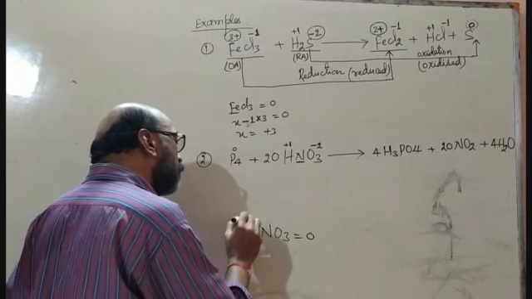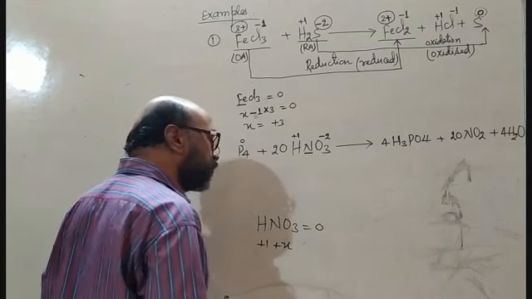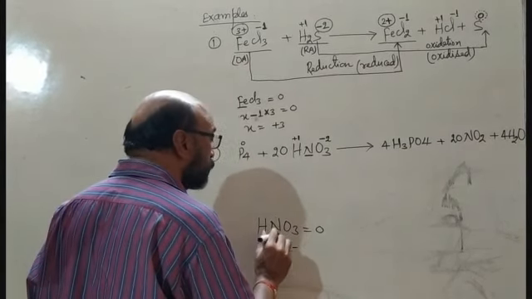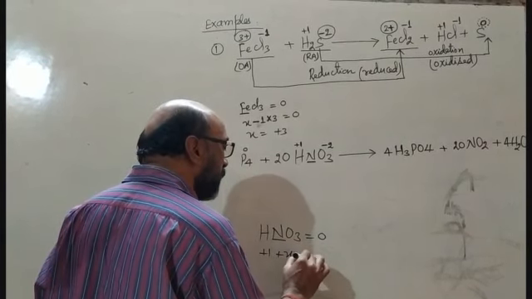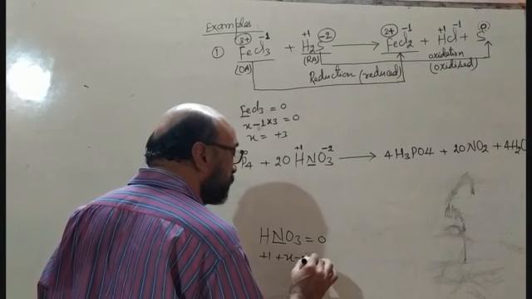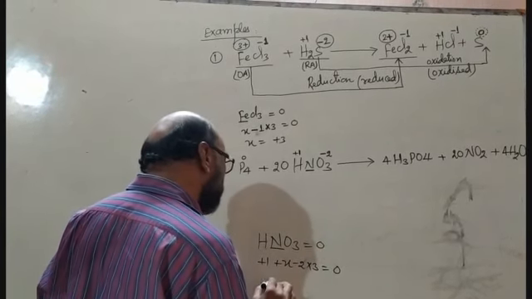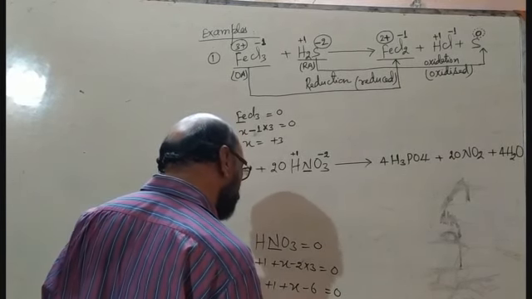HNO3 is a compound, the total sum is 0. Let the oxidation state of nitrogen be X, and oxygen is -2 multiplied by 3, plus 1, plus X, minus 6 is 0.